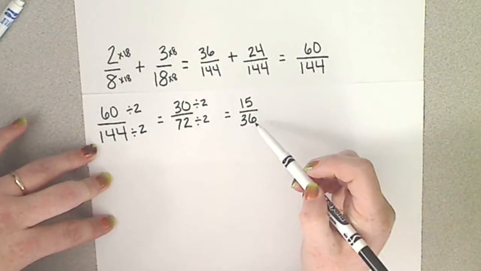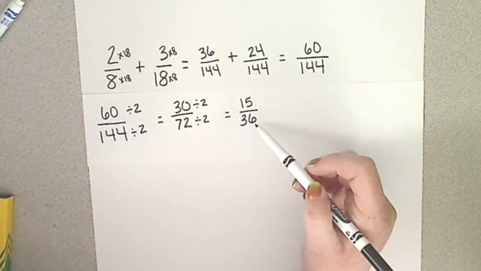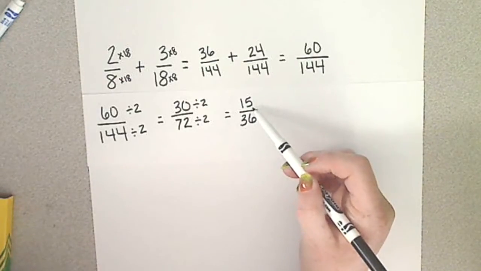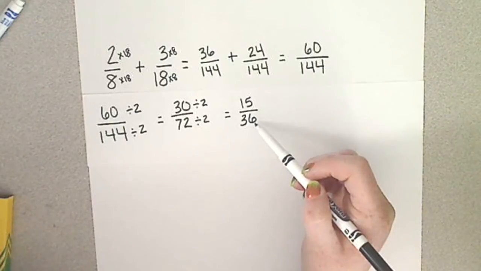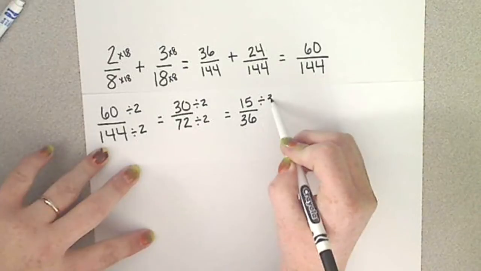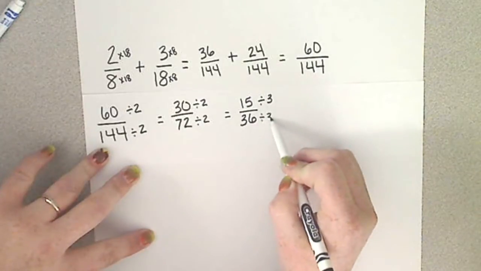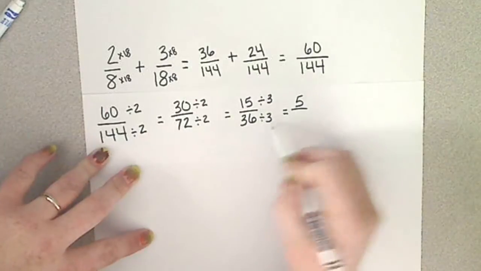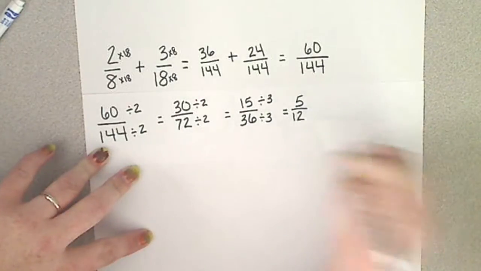I know that 3 times 5 is 15. I know that 3 times 10 is 30. 3 times 11 is 33. And 3 times 12 is 36. So I can divide both of these by 3. 15 divided by 3 is 5. 36 divided by 3 is 12.